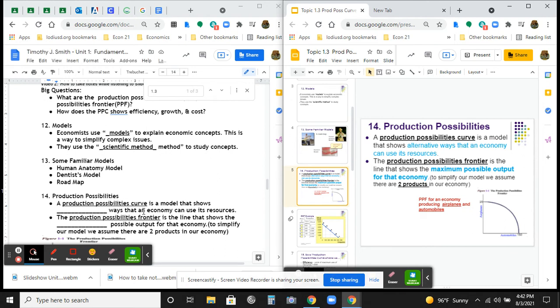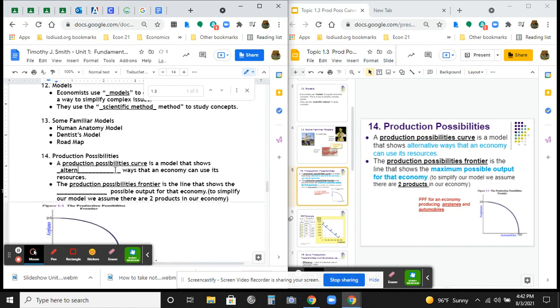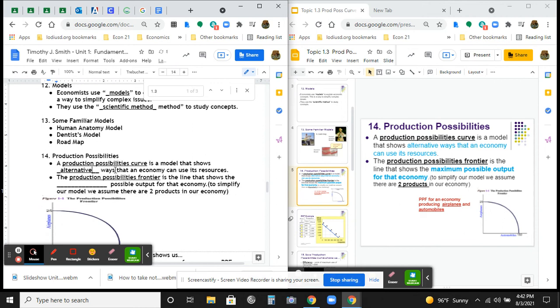When you're talking about a production possibility curve, it's a model that shows alternative ways that an economy can use its resources.